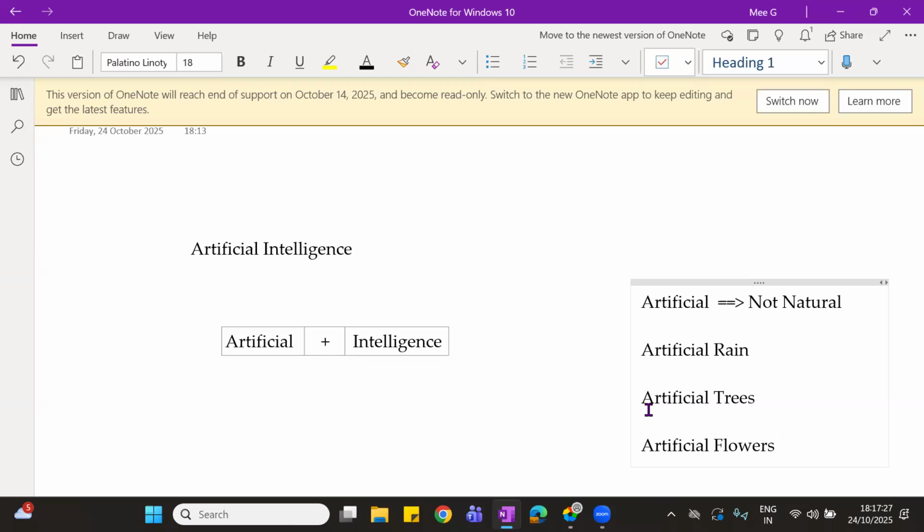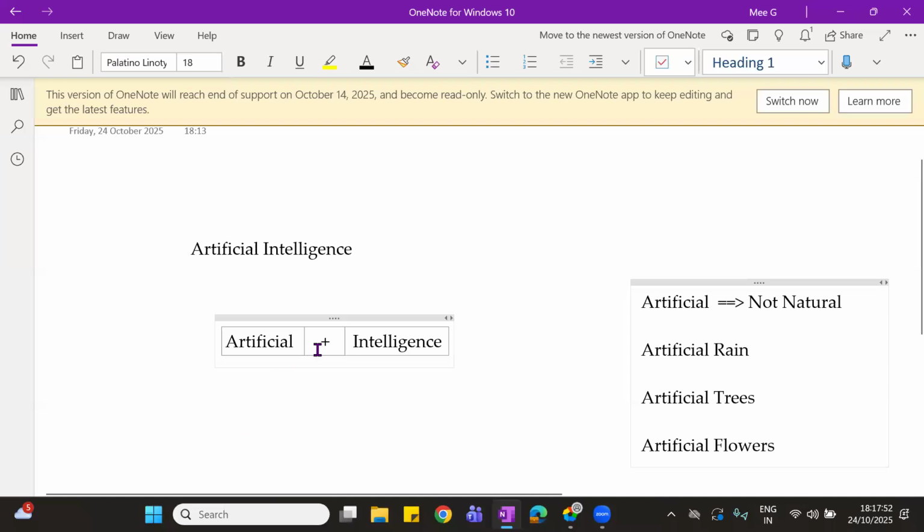Now again, we don't call something an artificial car, because there is only the man-made version. There is no natural version of the car, and we will not call anything an artificial mobile. So hope you are getting the point. Artificial means created by humans, and it has a natural version of its own.